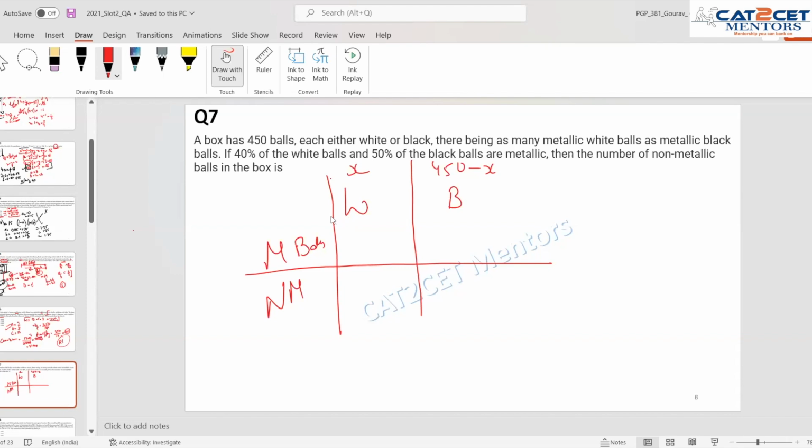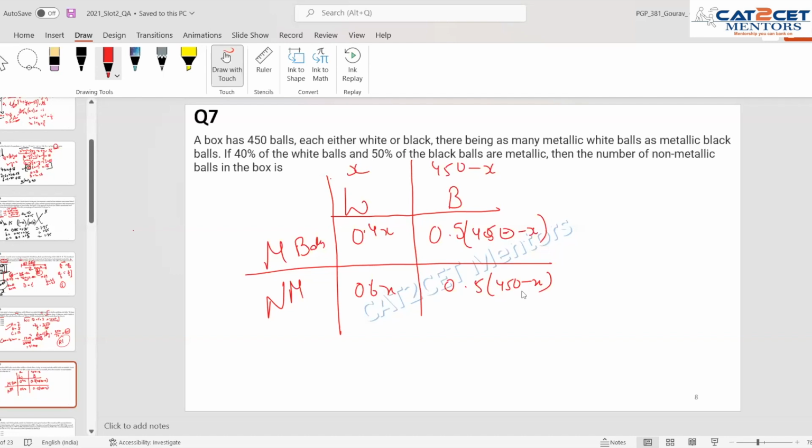So 40% of white balls are metallic, so it will be 0.4x, and 50% of black balls are metallic, so it will be 0.5 times 450 minus x. Then this becomes 0.6x, and it will be 0.5 times 450 minus x.